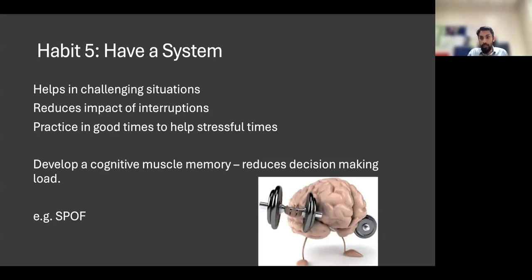So the key thing in all of this is you need to have a system that works in challenging situations, right? What does that mean? If you have a good system, you will also be able to reduce the impact of interruptions.